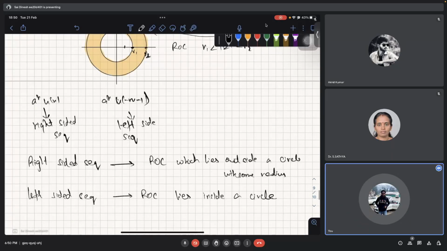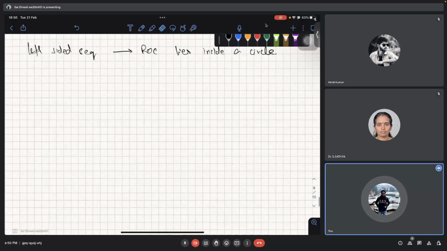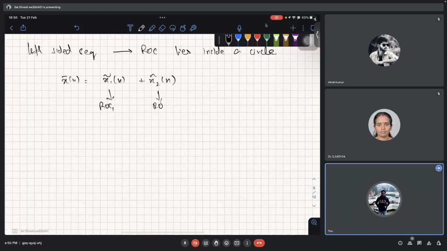So here we have a common area in between two circles R1 and R2, and the ROC is between them. Whenever we have a sequence, let's say x tilde of n, which is the summation of x1 tilde of n and x2 tilde of n, we find the ROC of signal 1 and the ROC of signal 2, and then we find the common region.